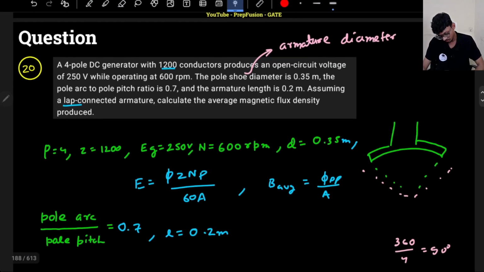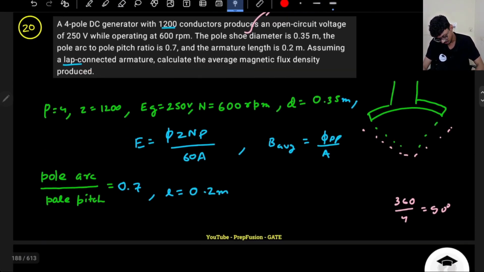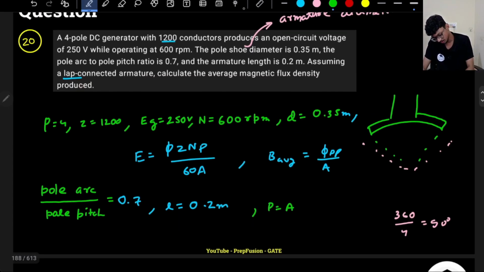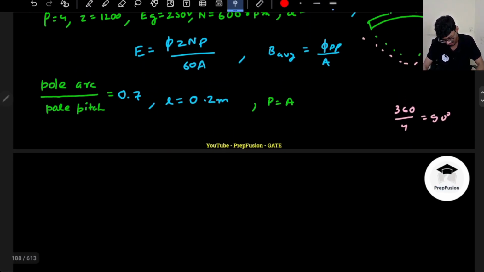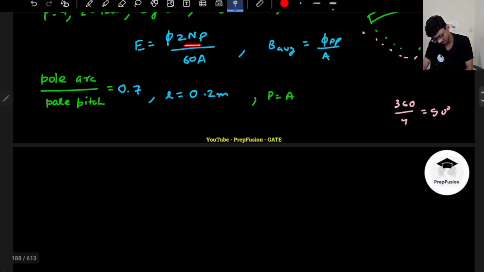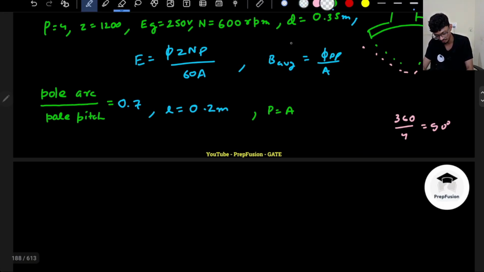Assuming they are lap connected, that means the number of poles equals the number of parallel paths. Calculate the average magnetic flux. So now I can finally proceed with the question. I know everything except flux, because for finding B average I have to find the flux per pole.